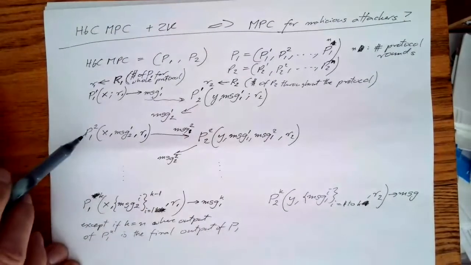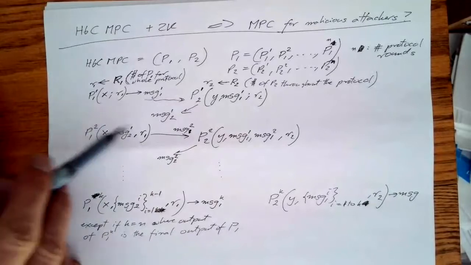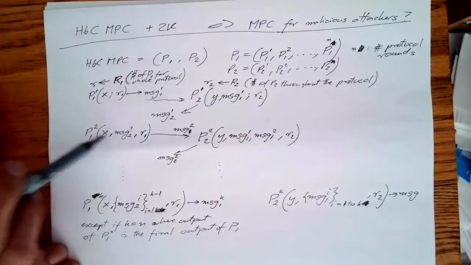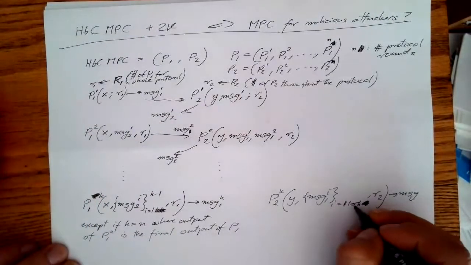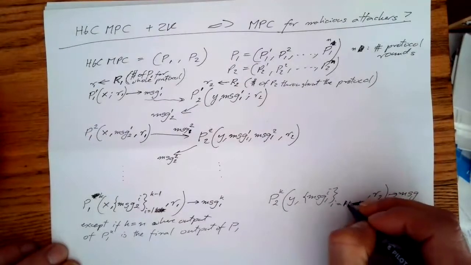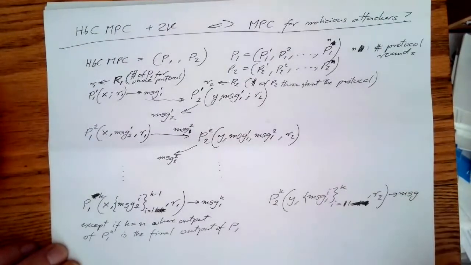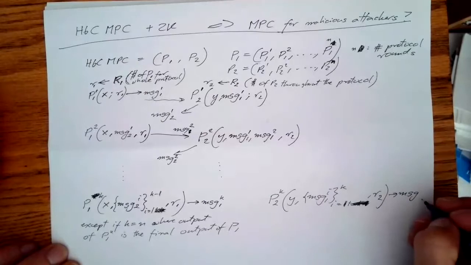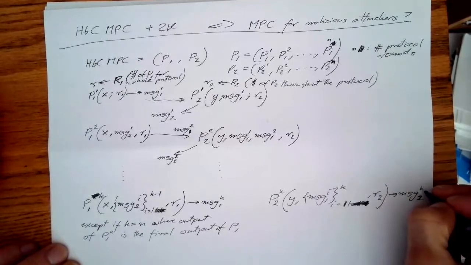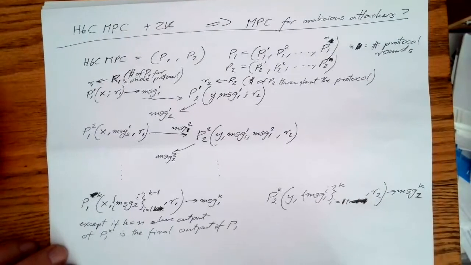So P1 in round 2 only had messages from the previous round, while this party will have messages all the way to his right, and he generates this.